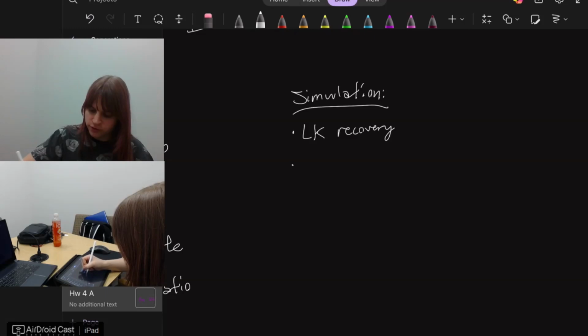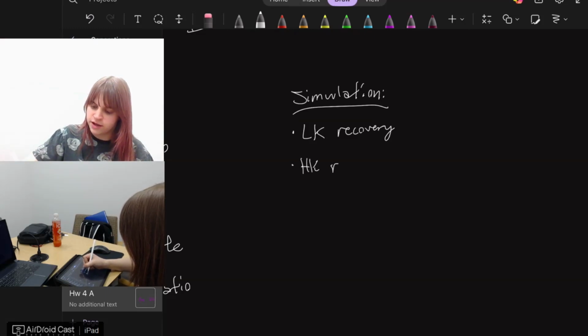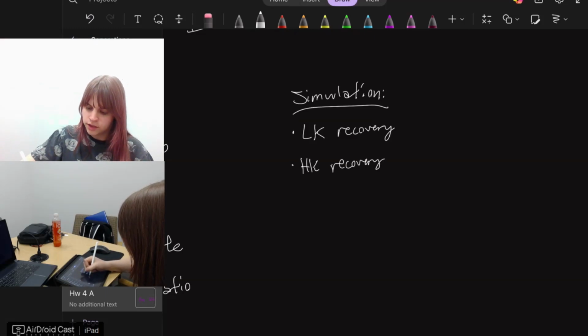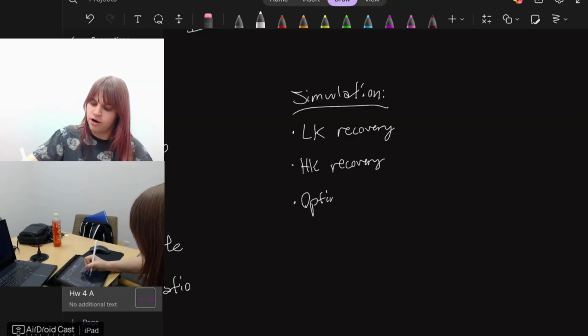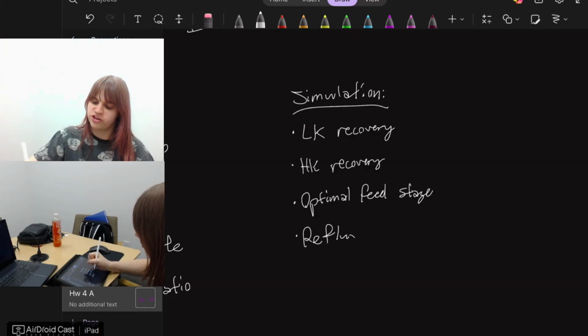And you could also specify your heavy key recovery. You could also specify where your optimal feed stage is. And then again, you can do the reflux ratio.